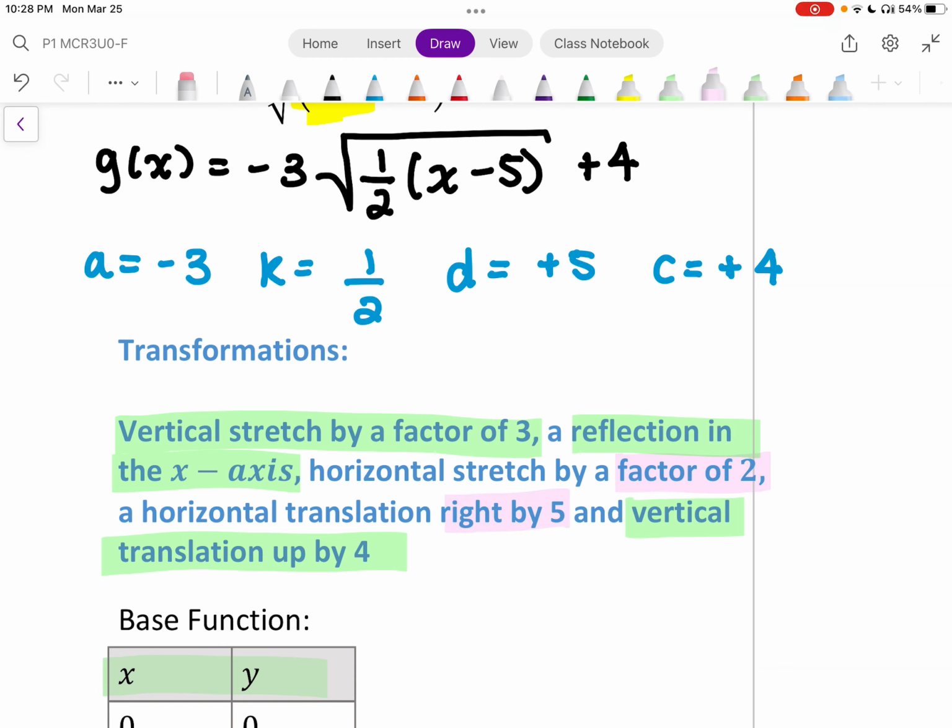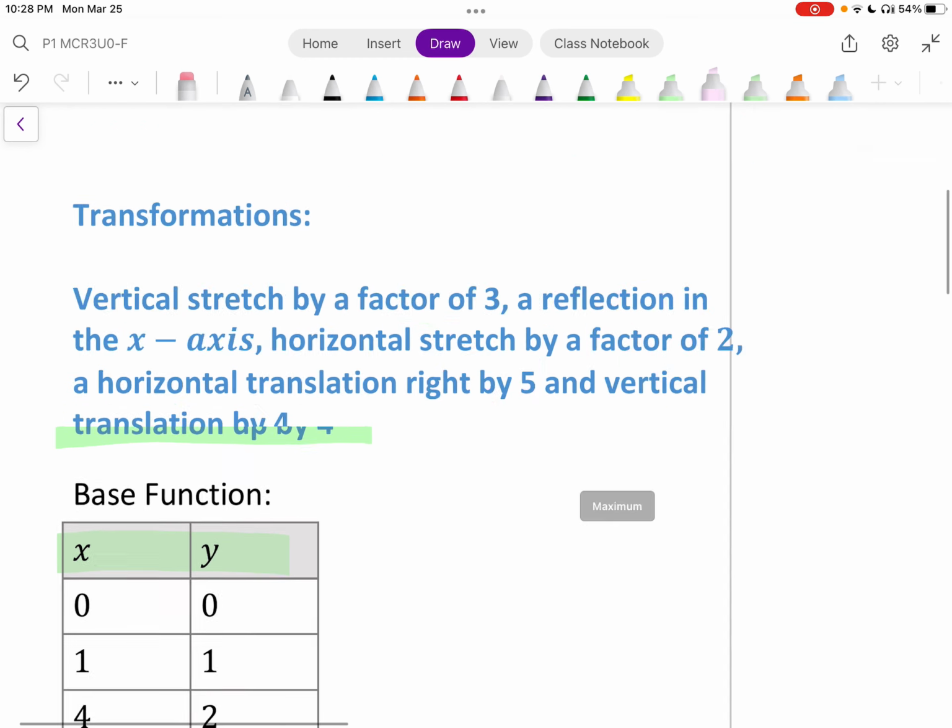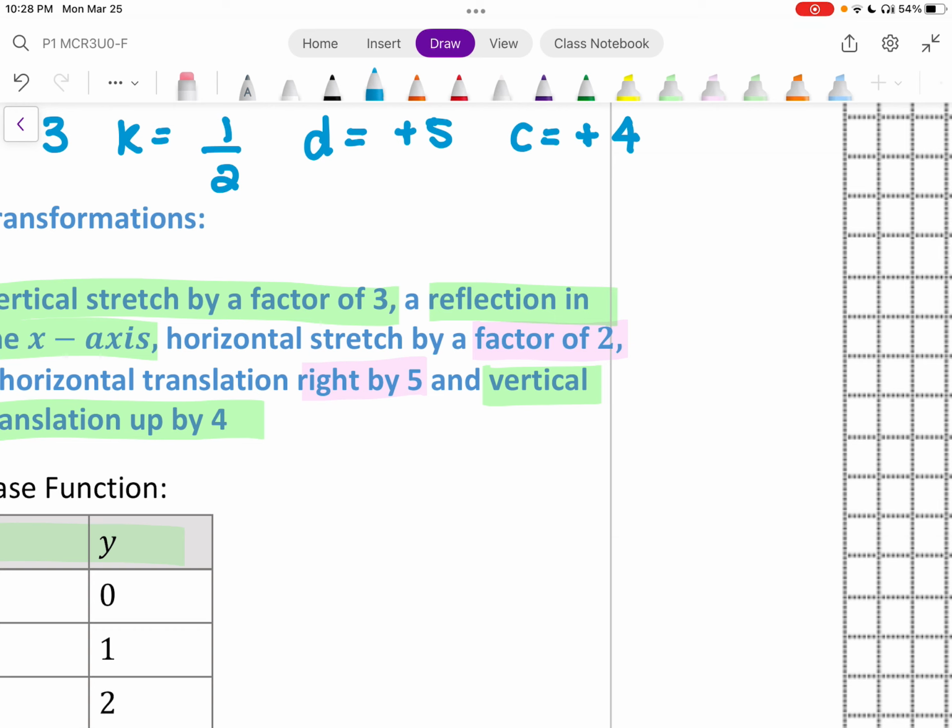and then my translation right by 5. If I was to write this into mapping notation, I would write it as x divided by k, so x divided by 0.5 plus d, which in this case is plus 5. If I had a y plus c, it would be a, which is -3, y plus c, which in this case is 4.